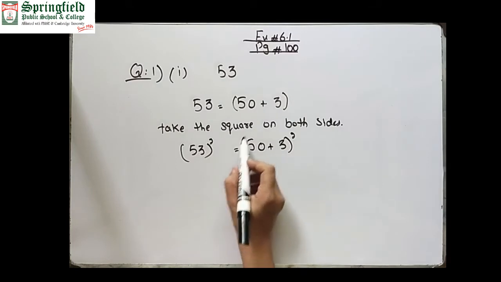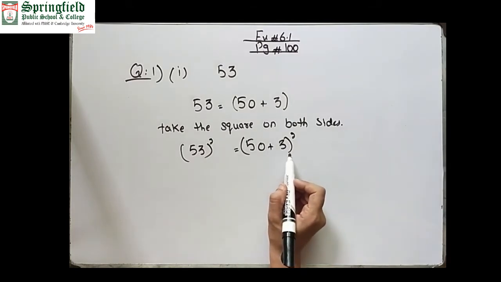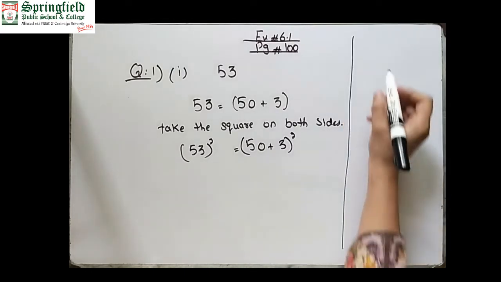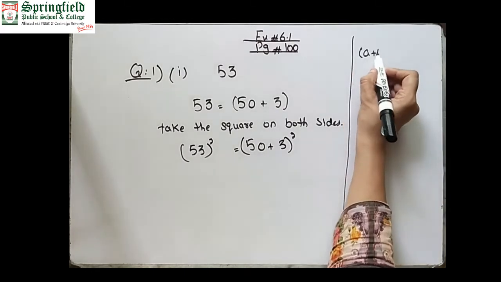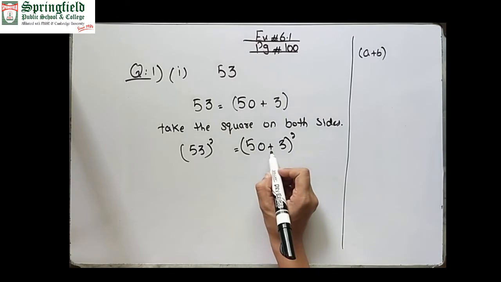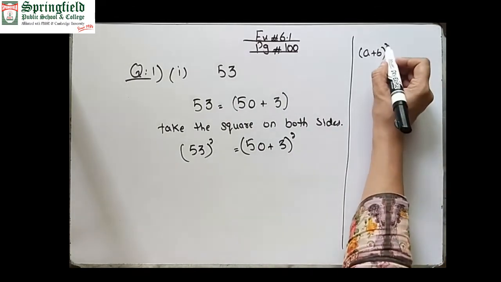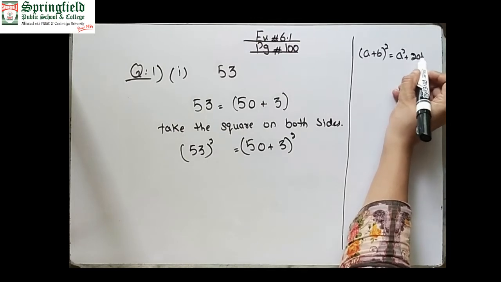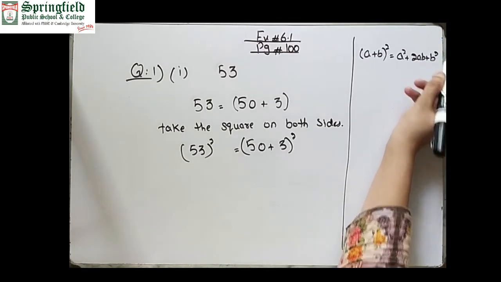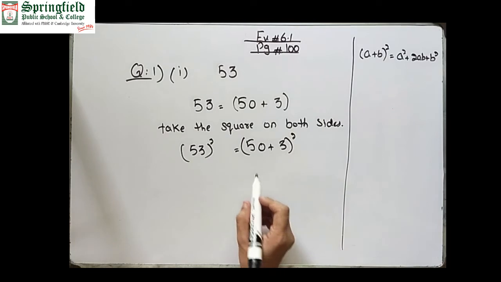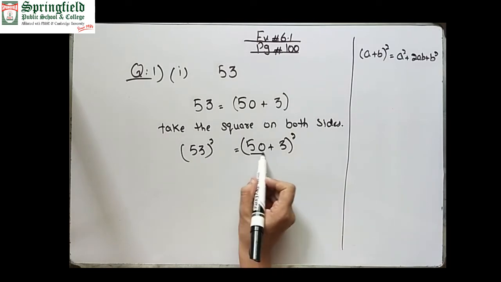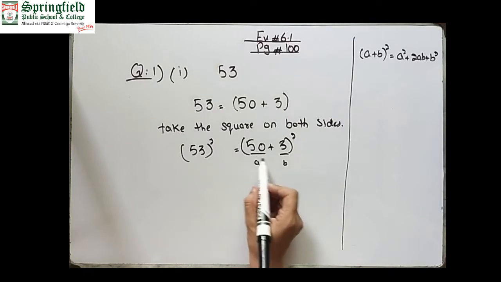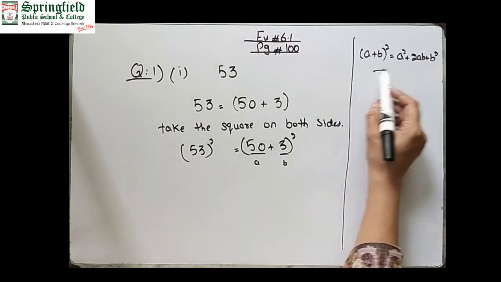Now we can open this 50 plus 3 whole square according to the formula. We know that this is the addition formula: a plus b whole square is equal to a square plus 2ab plus b square. Now we consider that this one is a and this value is b. Now open 50 plus 3 whole square according to this formula.